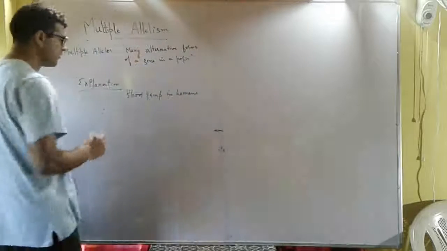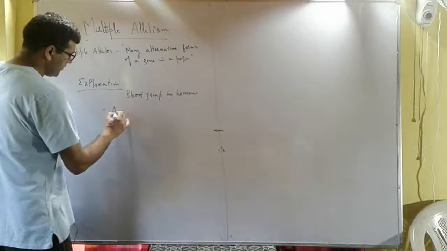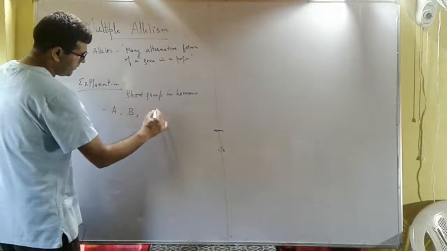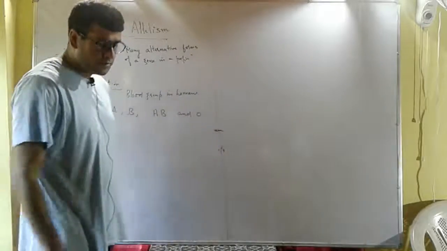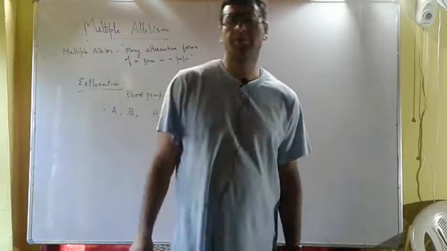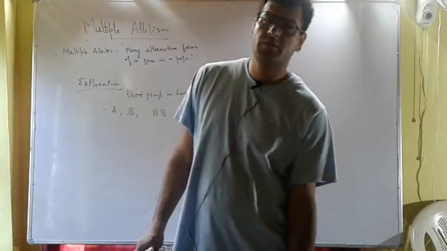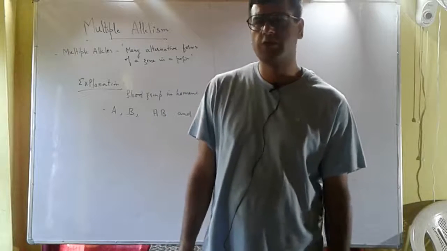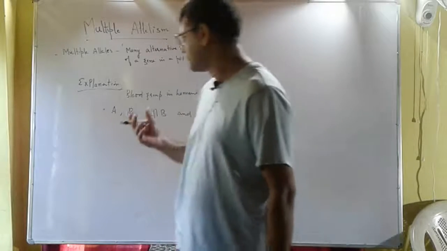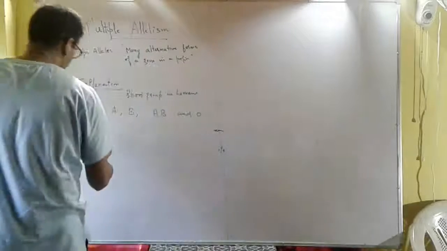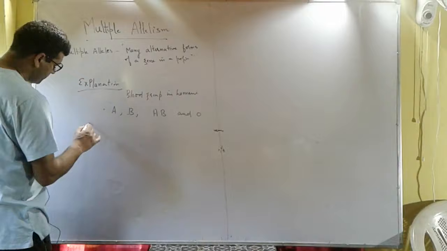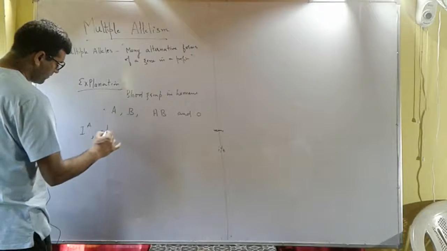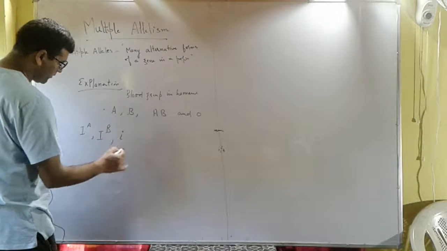In humans, there are four blood groups: A, B, AB, and O, and these four blood groups are controlled by three alleles, IA, IB, and small i.